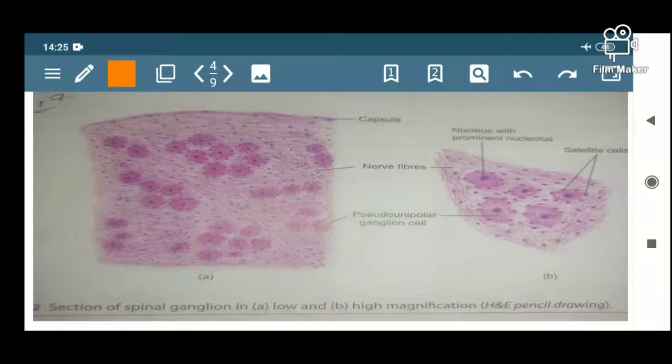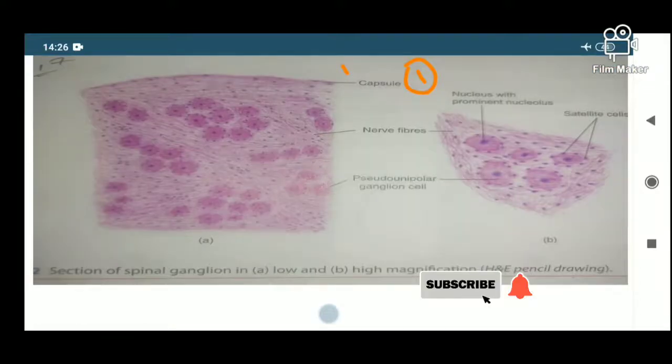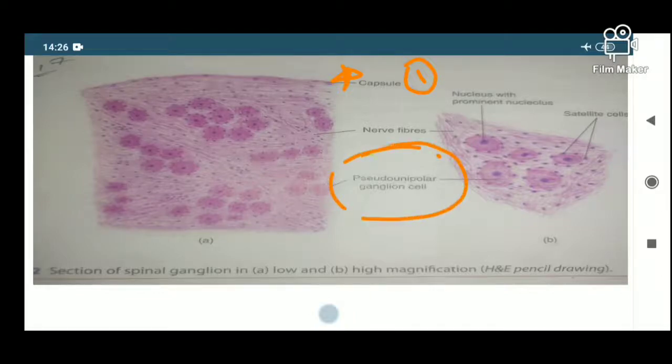The first point you should remember is that the entire ganglion is covered with a connective tissue capsule.